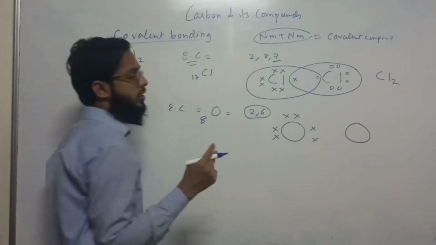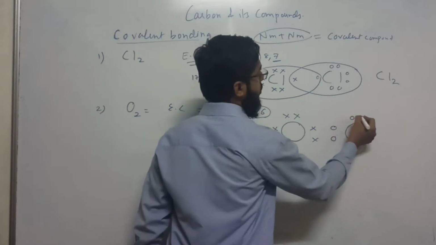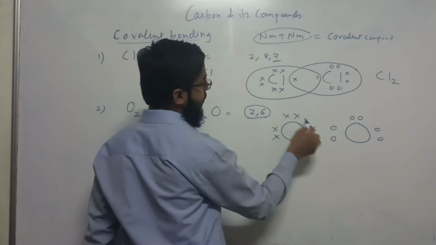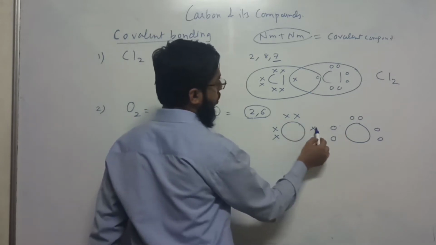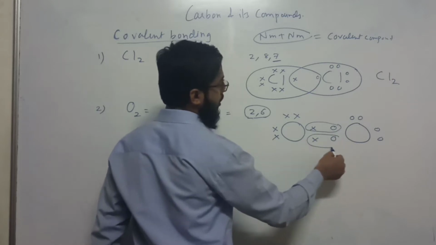Now, oxygen wants 2 electrons more. So it combines with another oxygen atom in this way. You can see that a double covalent bond is formed between the two atoms.